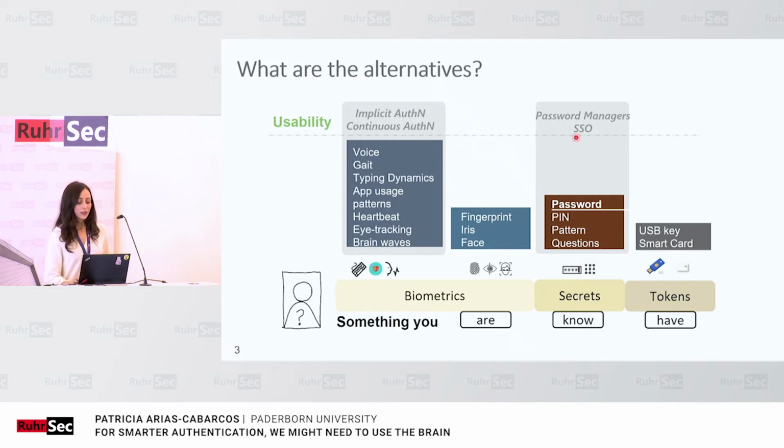The other stream of research that is trying to focus on usability is related to these new novel biometrics, and it comes with an important characteristic, which is that you can implicitly sense the user.